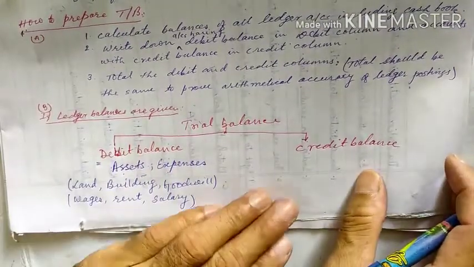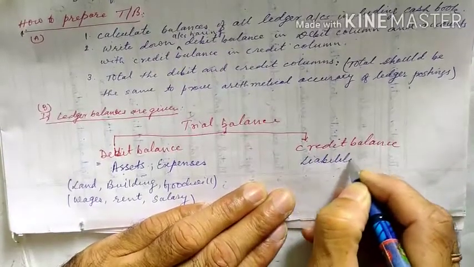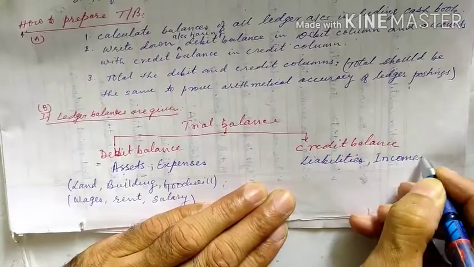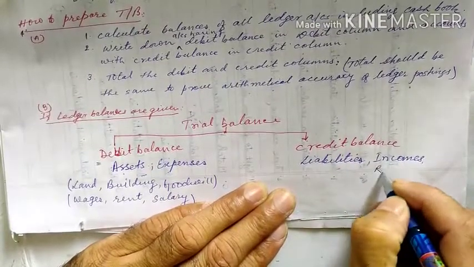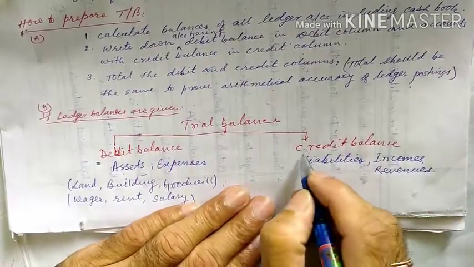Now for the credit balance, we'll consider liabilities and incomes, or you can say revenues. All this will be taken on the credit side.